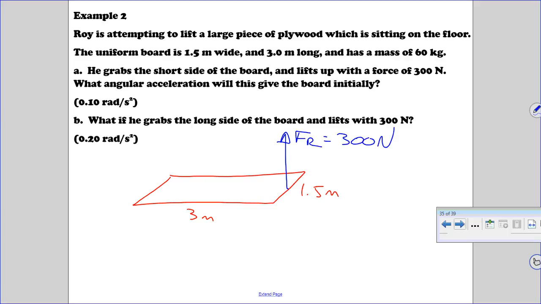Notice that's going to determine my pivot point, my axis of rotation. So that's probably worth marking. I usually use a dotted line or just a dot. There's my pivot point or axis of rotation, whatever you want to call it. Good? And the distance that's going to be associated with that force, I'm going to call it dr, just so you know that's the distance that goes with this force, is going to be 3 meters.